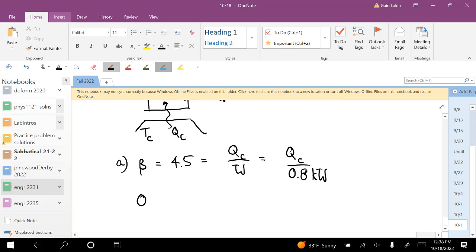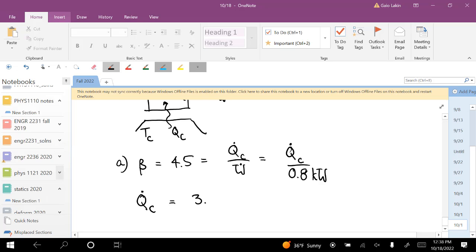And so then you can calculate QC dot is 0.8 times 4.5. What's that? 3.6 kilowatts.